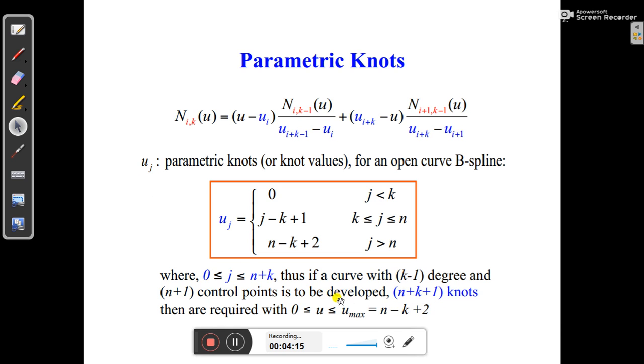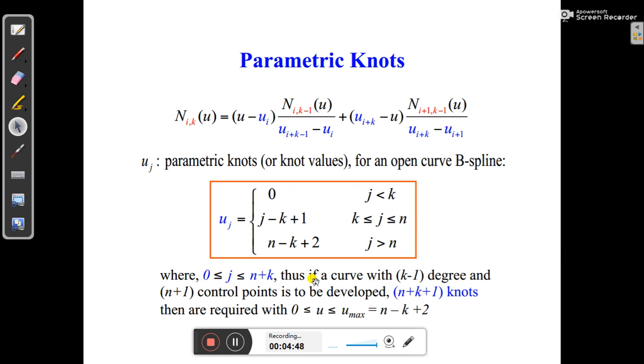They are then required with 0 less than or equal to u less than or equal to u max, n minus k plus 2. If j is greater than n, then n minus k plus 2. If j is between k less than or equal to j and j less than or equal to n, then j minus k plus 1, or 0 when j is less than k.